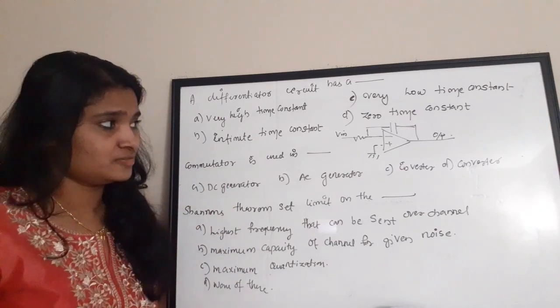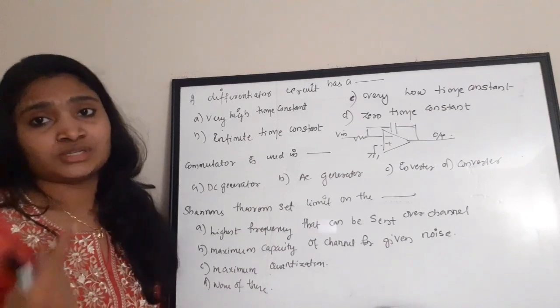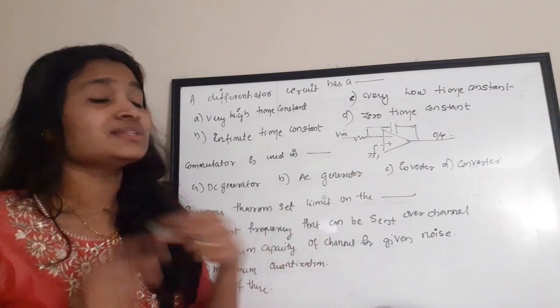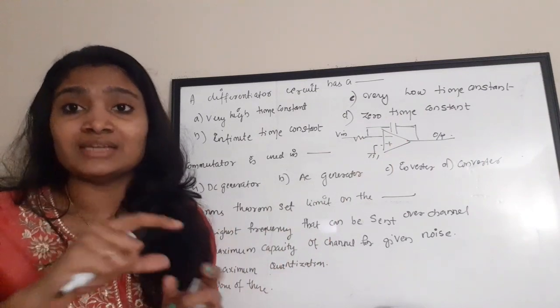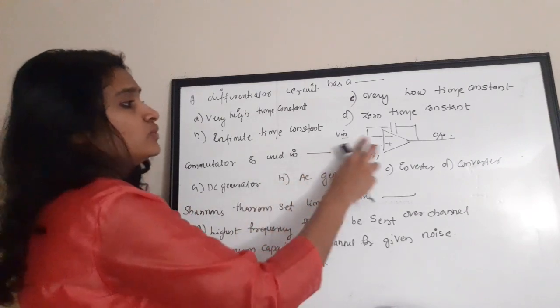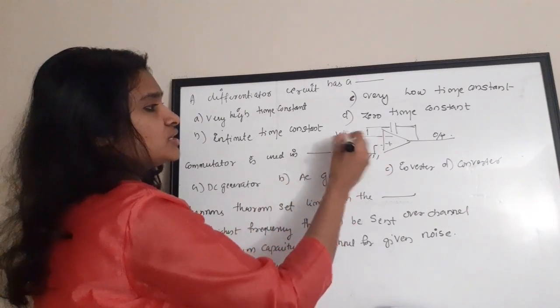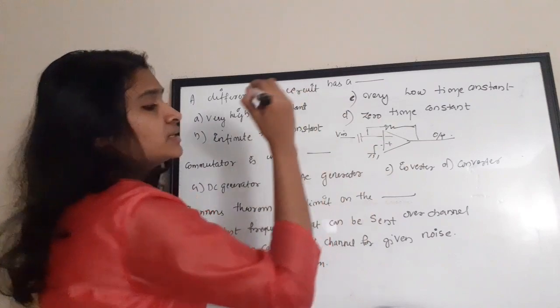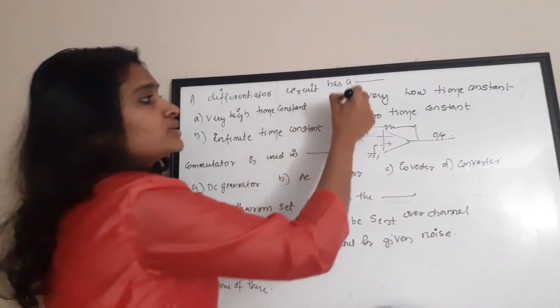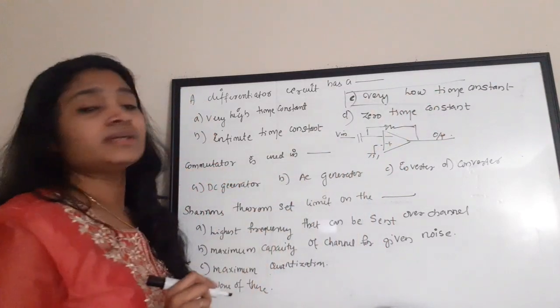I'm not saying always, but it can be. If it was an integrator, the capacitor would charge for the specific integration period and then discharge. Now we are talking about the differentiator. This is the differentiator circuit and the time constant is very low. So the correct answer is option C, which is very low time constant.